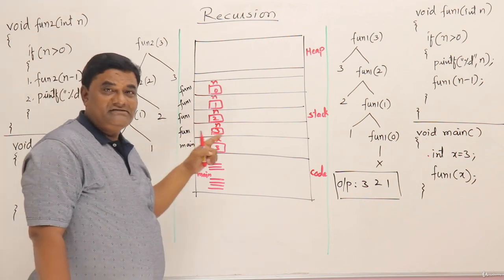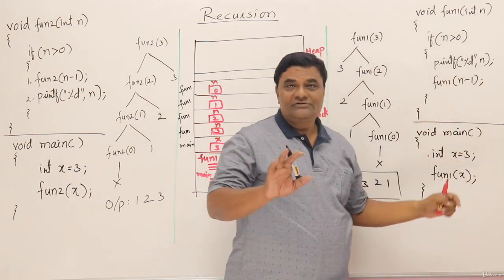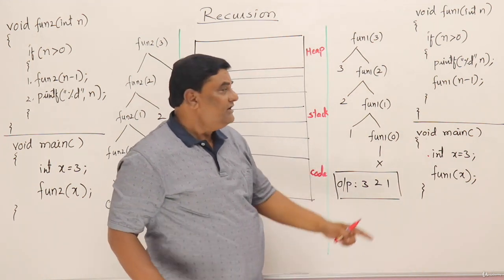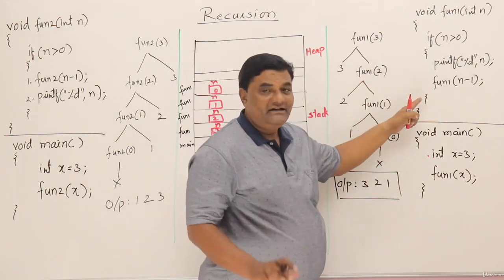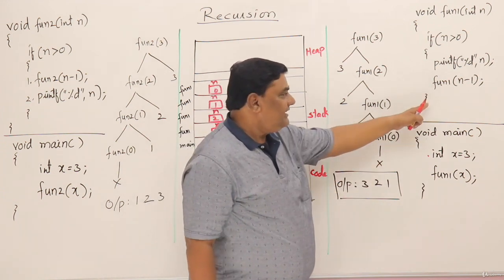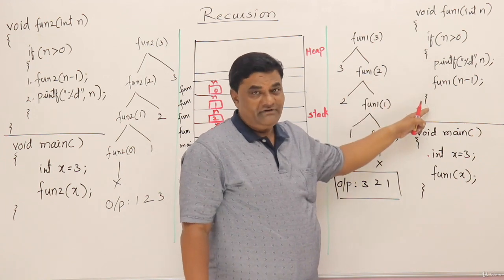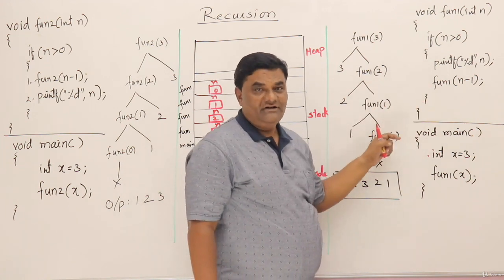This time, as n is 0, when it checks, n is greater than 0, so no, n is not greater than 0, it will not enter inside, it will not print anything. It will come out of this conditional statement, so it will come out of the function.